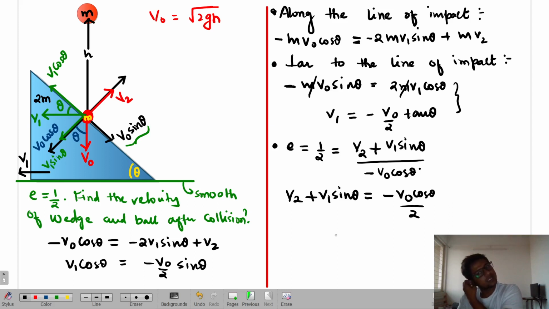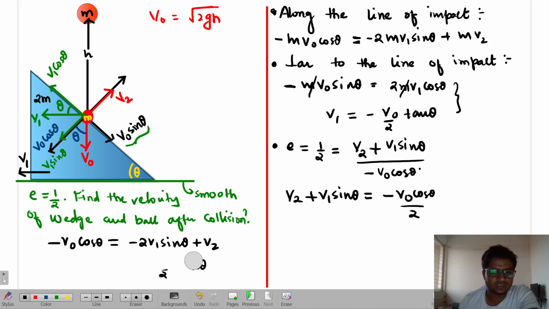This is the perpendicular to the line of impact equation, okay? And then it is v2 plus v1. Then I have got this equation. Achha, I can just solve. There is no requirement of this equation perpendicular to the line of impact, and directly put it in this.